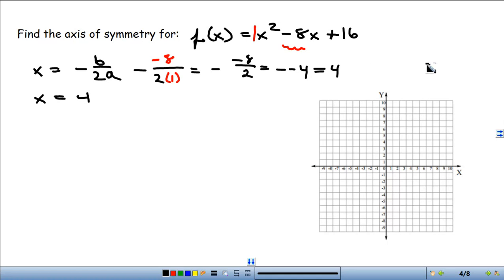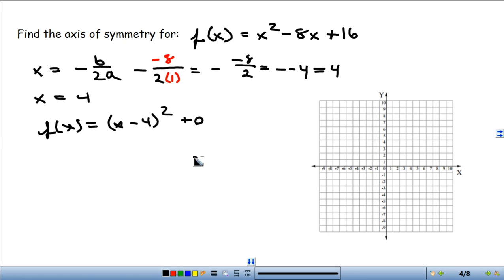Now, I can also make sure that I have that because this whole thing, f of x is equal to x squared minus 8x plus 16, that's a perfect square. I can just rewrite that as f of x equals x minus 4 quantity squared plus 0.